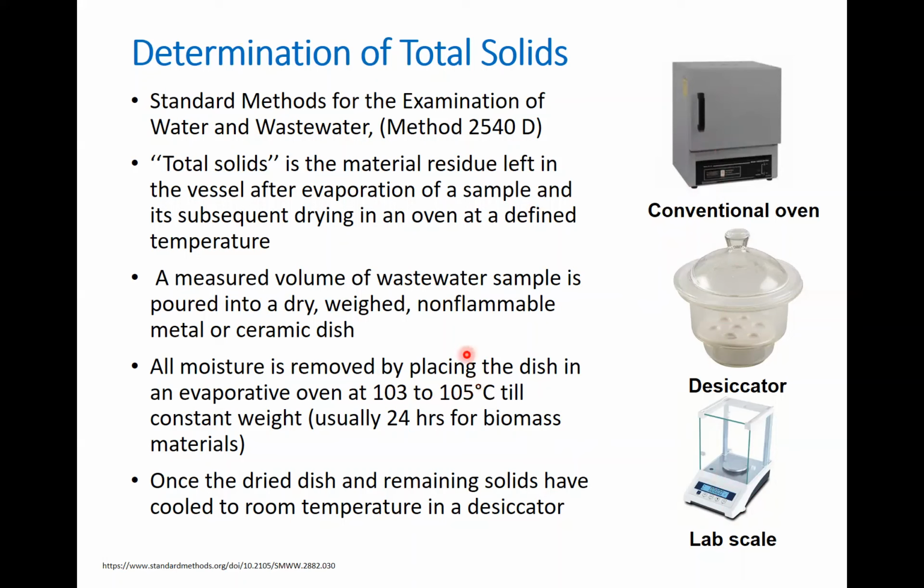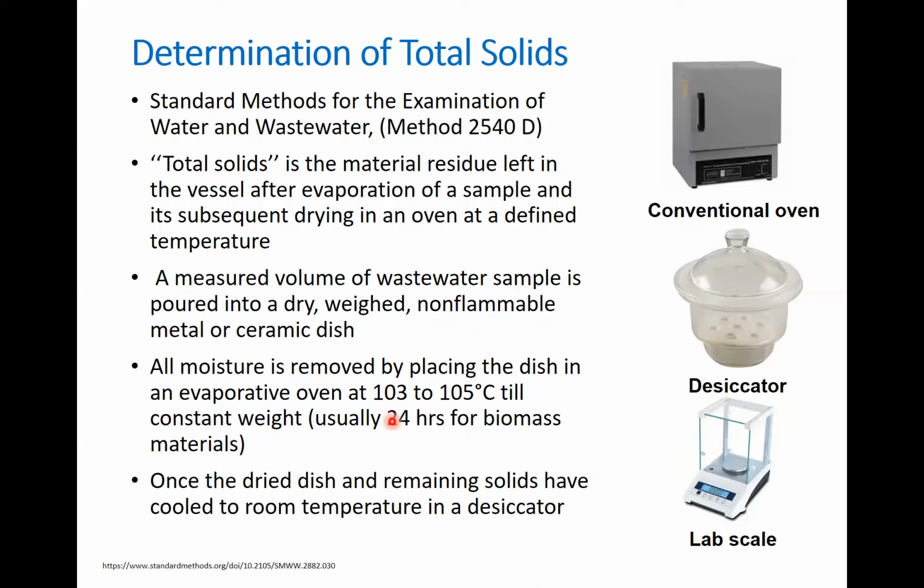For this standard method, we need a temperature between 103 and 105 degrees C. For wastewater, the standard method asks for at least 1 to 2 hours at this temperature. However, for biomass material, you can find some references that use a time of about 24 hours to make sure that all water in the material is evaporated.